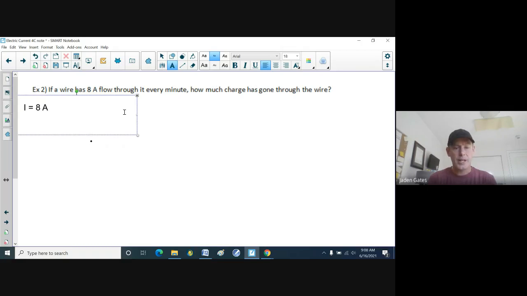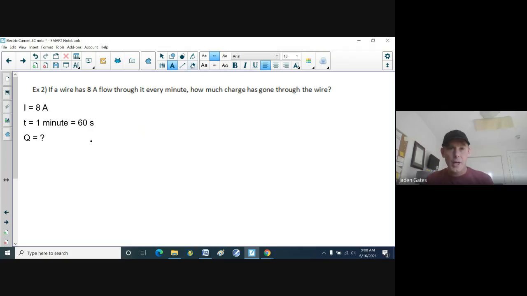But in this case, it's telling us that an 8 amp current was flowing through in 1 minute. That's a problem because that is not in our standard units, so we have to get it into standard units. So it is 60 seconds. And what we want to know is what total charge went through this wire, because we know the current was 8 amps.